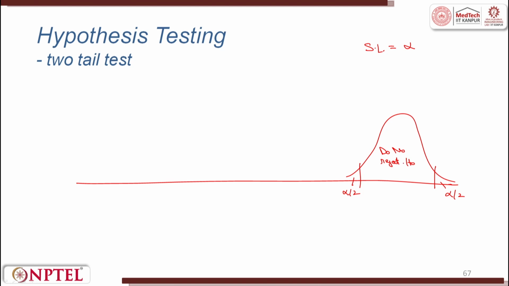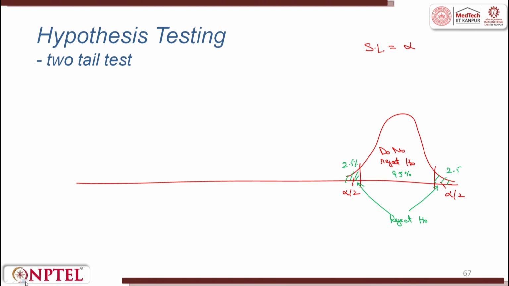So we do not reject H naught here, and these two regions become where we reject H naught. Reject H naught here. Let me say this is 95%, this is 2.5%, this is 2.5%.